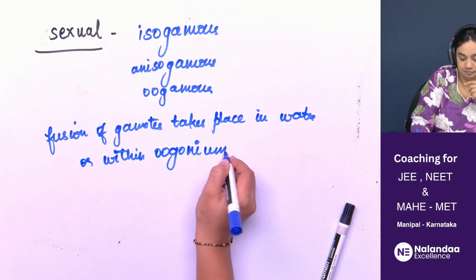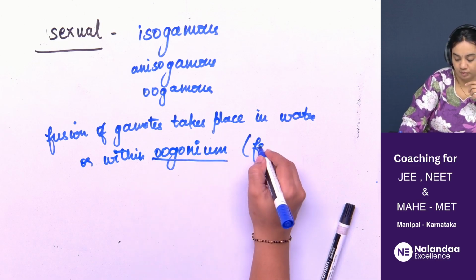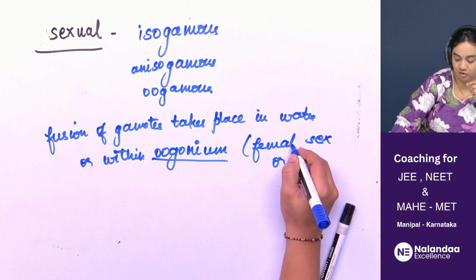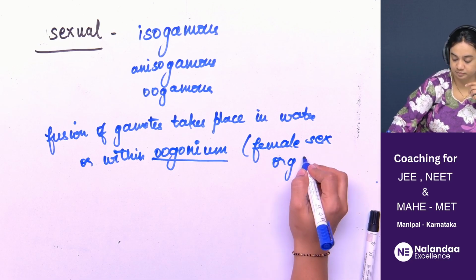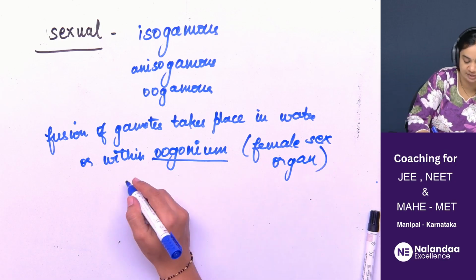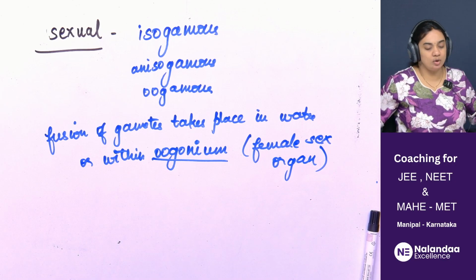The oogonium is the female sex organ, or female reproductive organ, inside which fusion of gametes will take place, specifically in oogamous species.